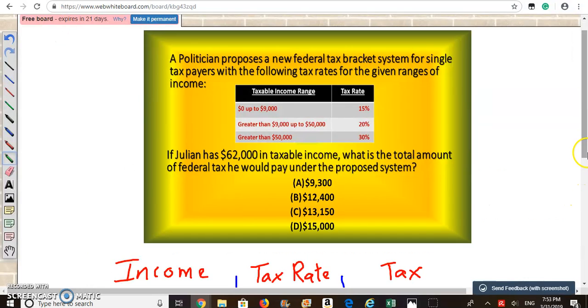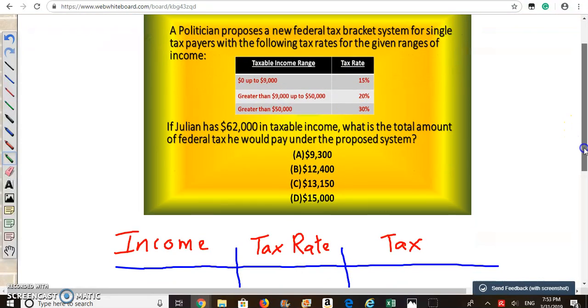So what will happen is it will work in the bracket system. So Julian will have to pay a 15% tax for the first $9,000, and then between $9,000 to $50,000, Julian will have to pay a 20% tax rate, and then whatever is greater than $50,000, Julian will have to pay a 30% tax rate. So that's how the tax bracket system works.